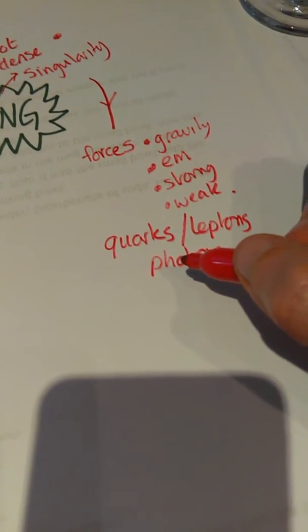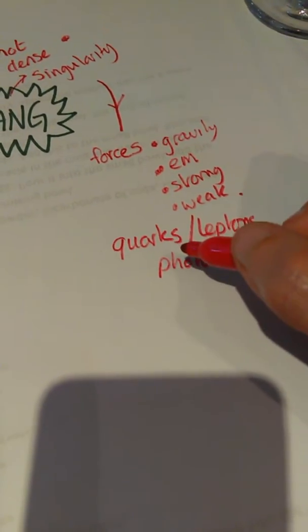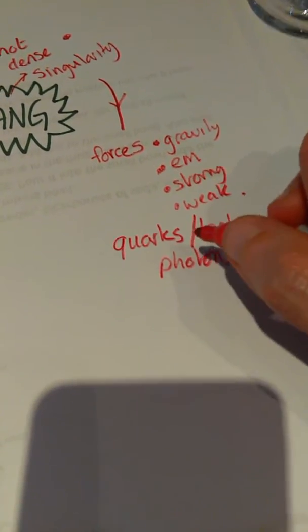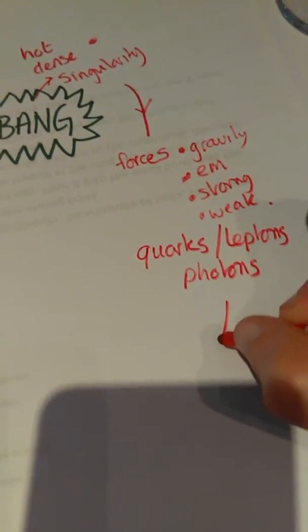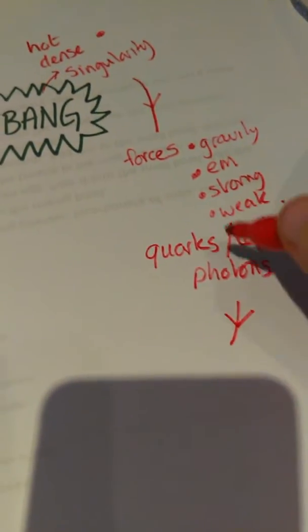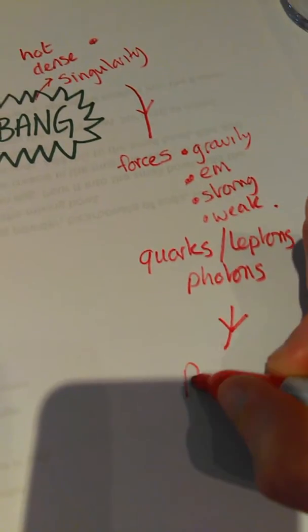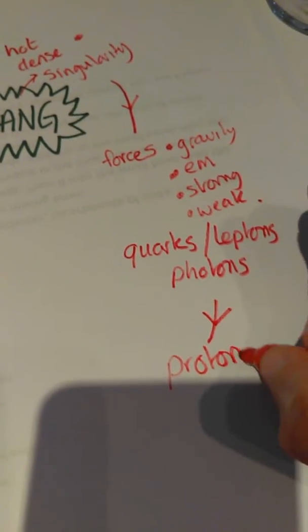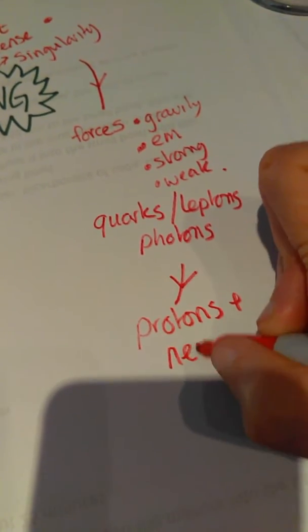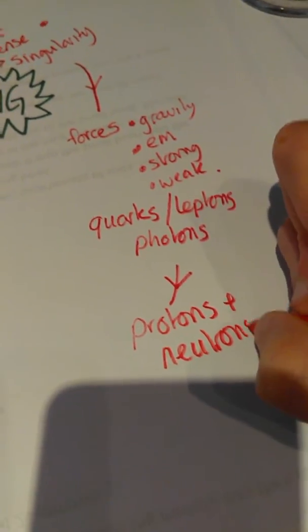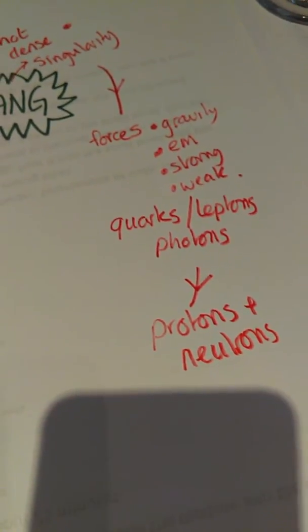So it's like a sea of quarks, antiquarks, leptons, and photons. The next thing that happened is that the quarks formed protons and neutrons, and also antiprotons and antineutrons.